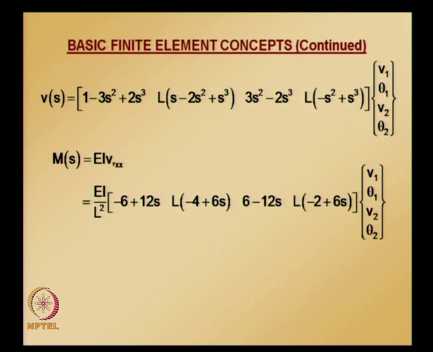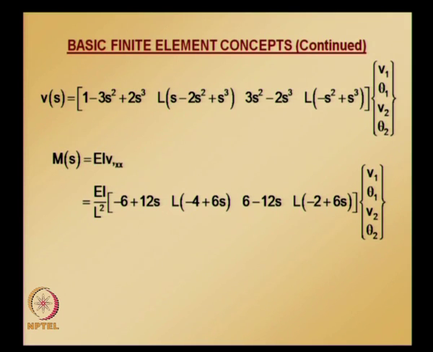So taking the derivative of the previous displacement equation twice with respect to x and multiplying with EI, we get this, and we can find the value of moment at any point along the beam length by varying s from 0 to 1.